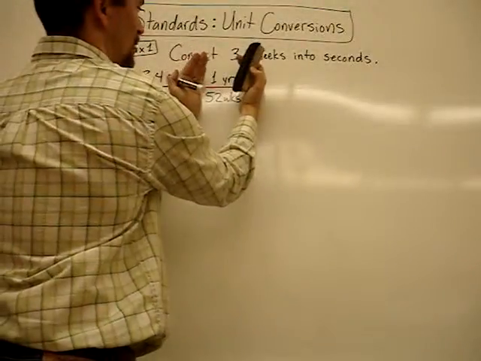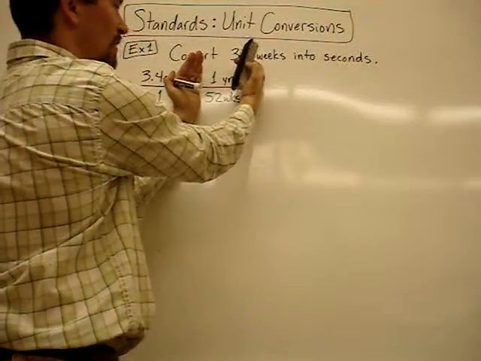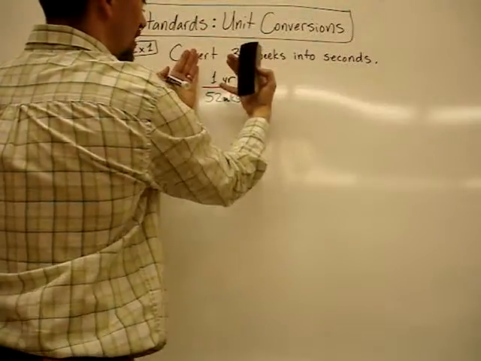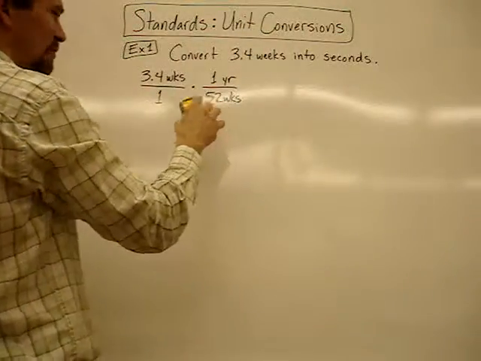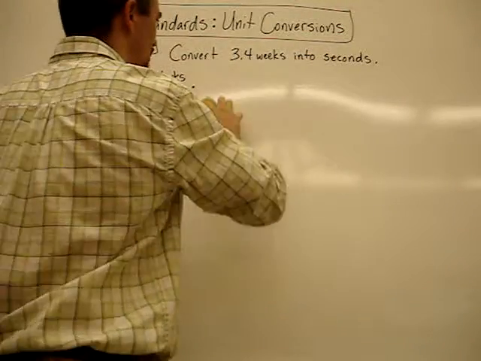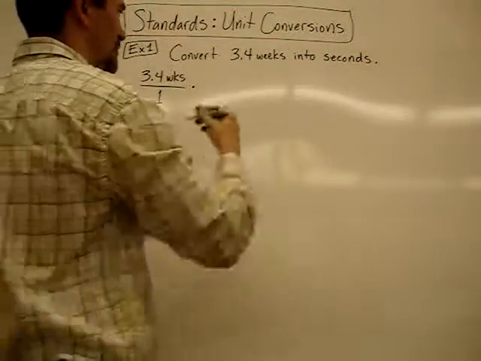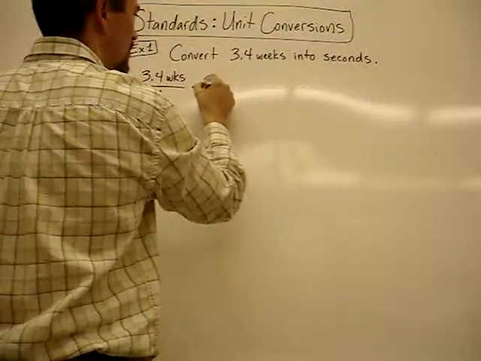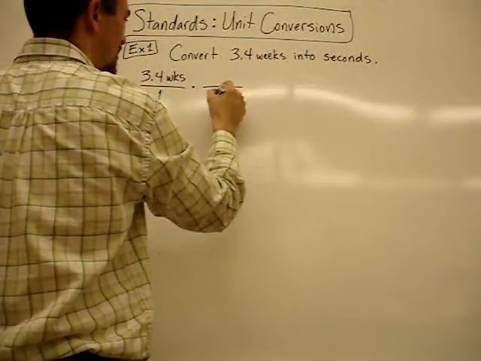This would still be a multiplicative identity though, a 1, because 1 year is equal to 52 weeks, if there really are 52 weeks, I'm not sure about that. But it would still be a 1, it's just it wouldn't benefit us because we would get bigger and bigger units. So we do want to move in the direction of seconds.